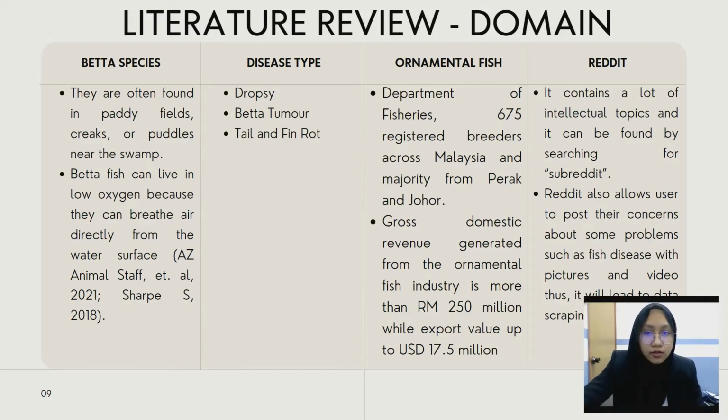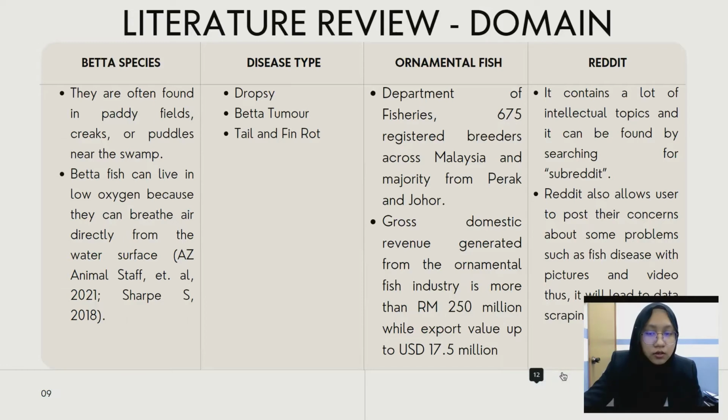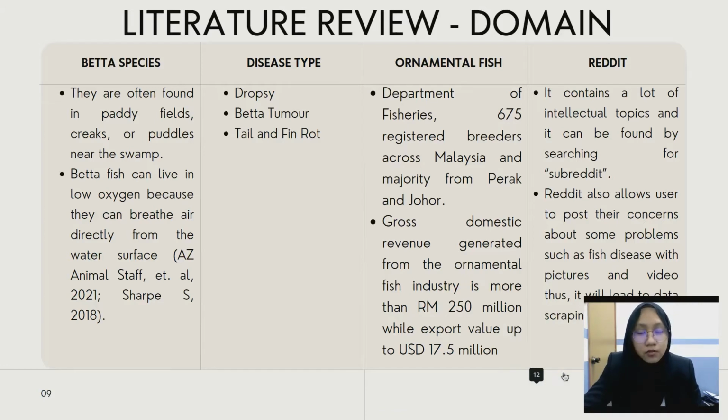So, the third subtopic, which is ornamental fish. 675 registered breeders across Malaysia are from Perak and Johor, and the unregistered breeders remain unknown, and it is expected to be more than 675.